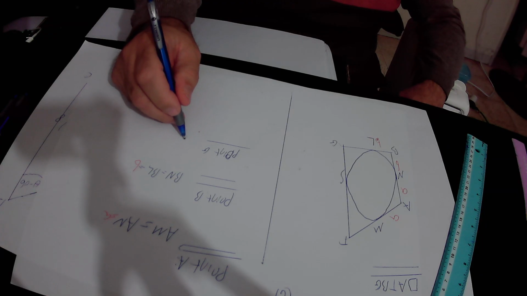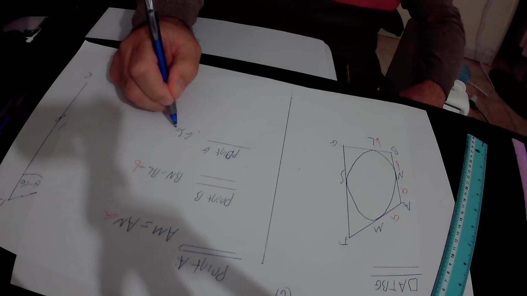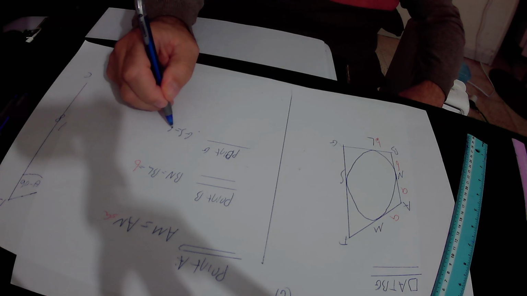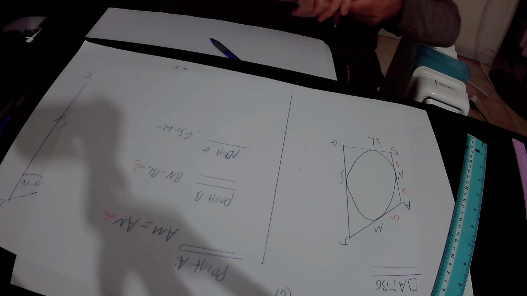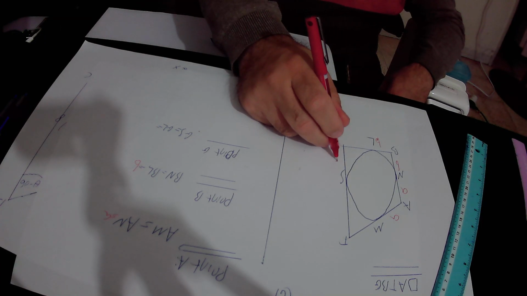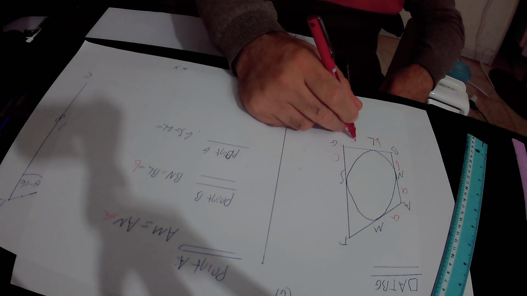And according to rule number 2, they must be equal to each other. That is to say, GS equals GL. So, if GS is c, then GL must be also equal to c.